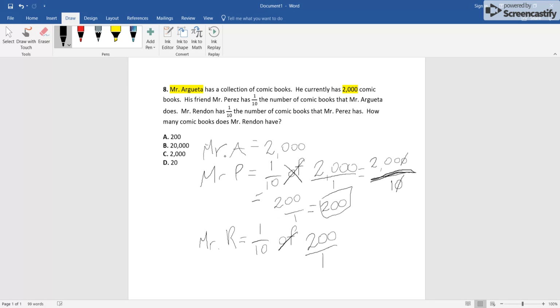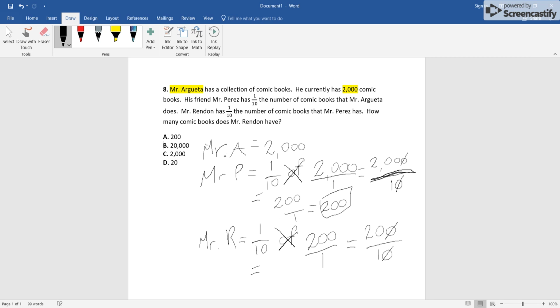And then now I'm going to multiply. 1 times 200 is 200. 10 times 1 is 10. Now 200 divided by 10, well, this is easy. I only see 1 zero on the bottom. Cross that out. So I'm only going to take out 1 zero on top.